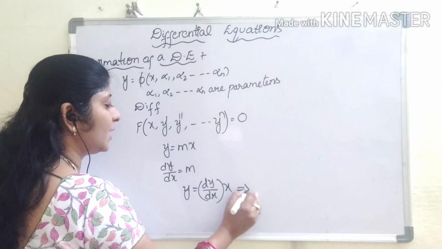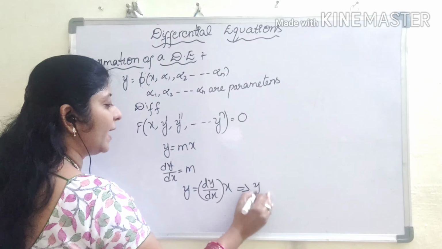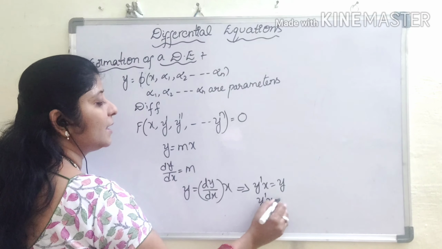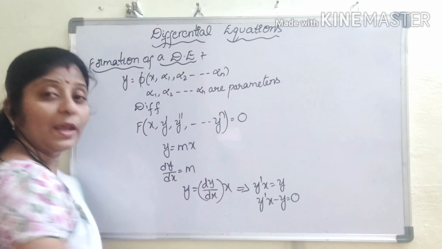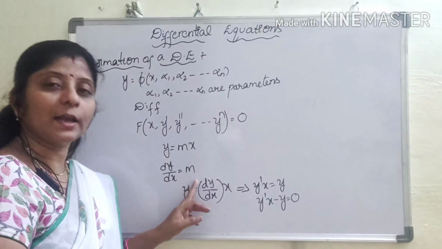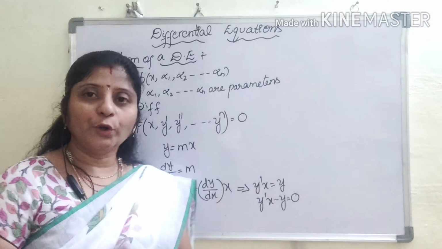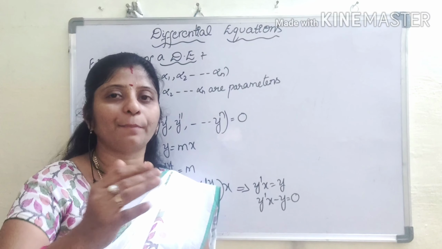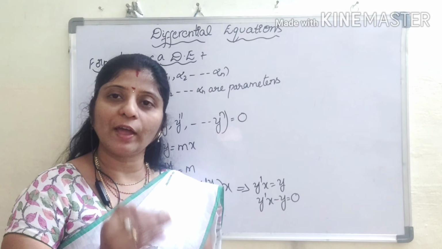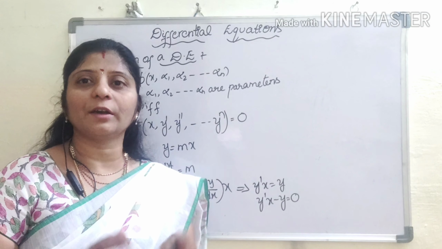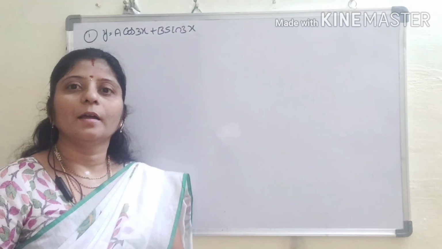Nothing but this can be written as y dash x is equal to y, or y dash x minus y is equal to 0. This is the differential equation, by eliminating the parameter m. So to form the differential equation, we have to eliminate the parameters in the given function y. Let us see some problems on how to form the differential equations.